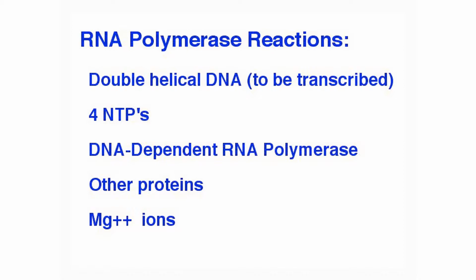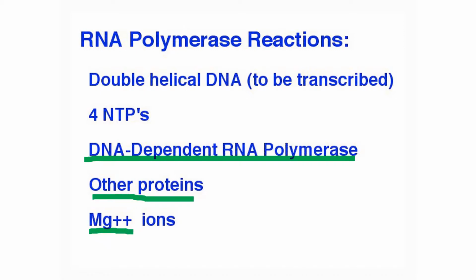Recall the deoxynucleotides are in DNA, and the ones with the 2' hydroxyl present are in RNA. We have a DNA-dependent RNA polymerase. We have some other proteins which we're not going to talk about, but importantly we do have magnesium ions.